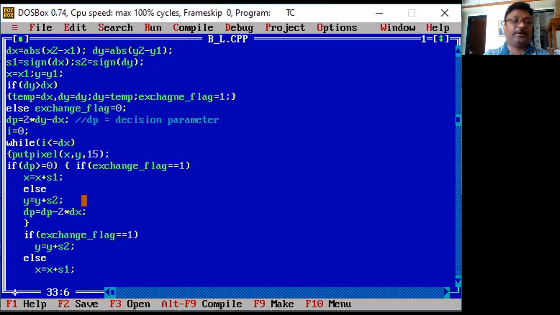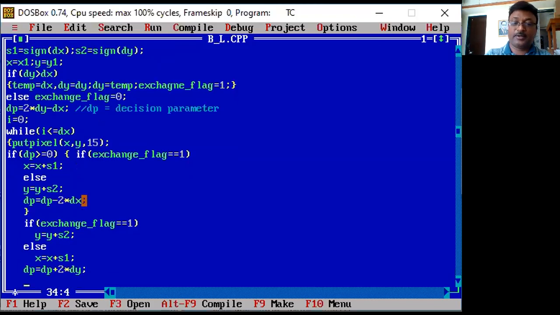So only you have to add here. If exchange flag is 1, then dp is equal to dp, that is the decision parameter, plus 2 star dy. And here you have to increment i is equal to i plus 1.